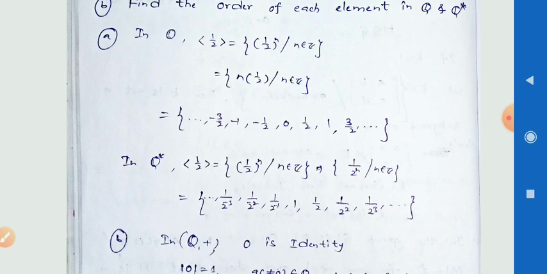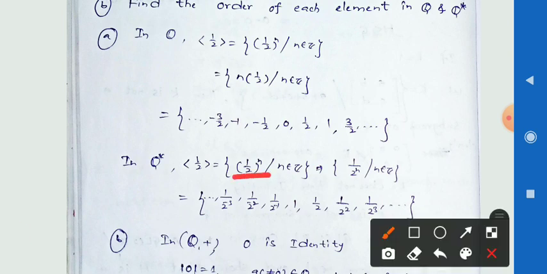Here I take the generator 1/2 as the set (1/2)^n such that n belongs to Z.